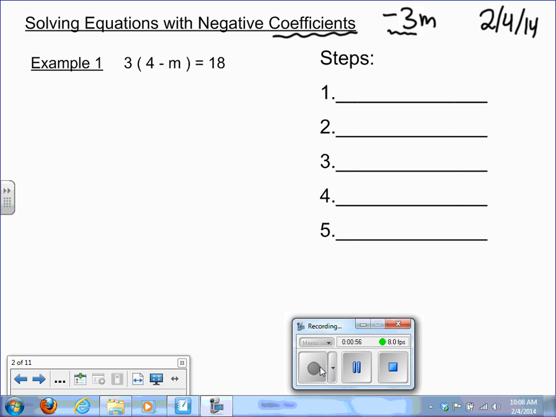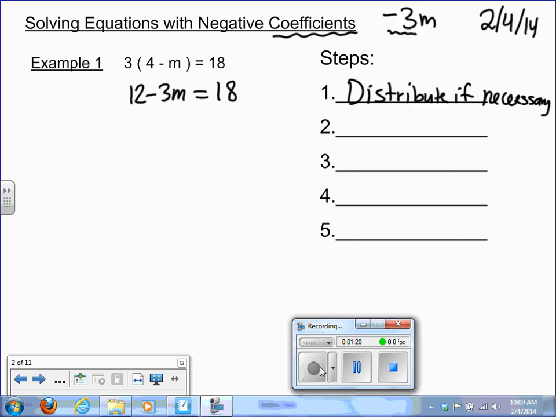Distribute. Okay, so we are going to distribute if necessary. Do you want to distribute that for me, Ryan, and tell me what we'll have? 12 minus 3m equals 18.